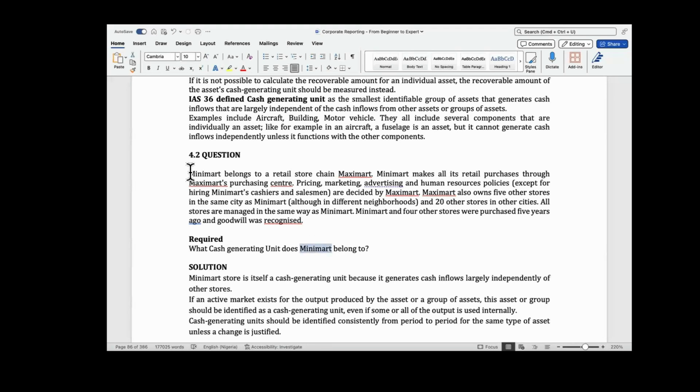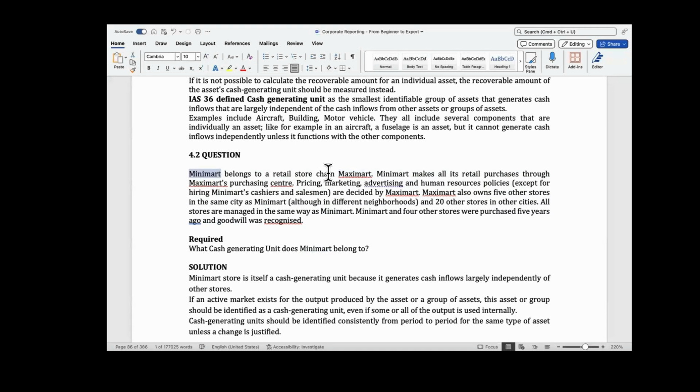So this entire question is just talking about supermarkets. Minimat belongs to the retail store chain Maximat. It's just like, let's say, Ebano supermarket is Maximat. They have different branches, and let's see one of those branches as Minimat.